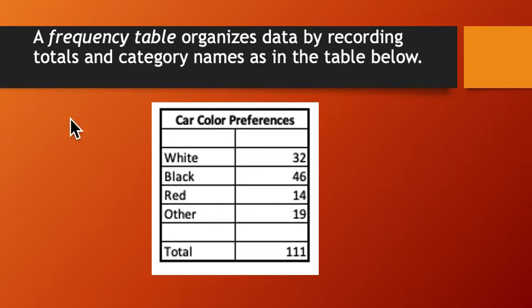A frequency table organizes data by recording totals and category names as in the table below. You'll see here I'm using a hypothetical car color preferences table indicating car colors of white, black, red, or other, and giving the frequency of these observed preferences that total 111. So this would be a frequency table.